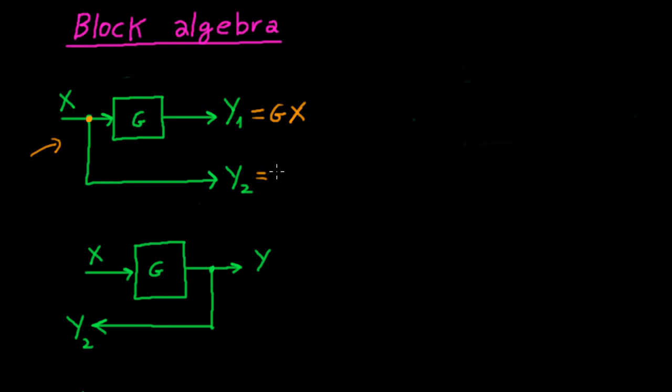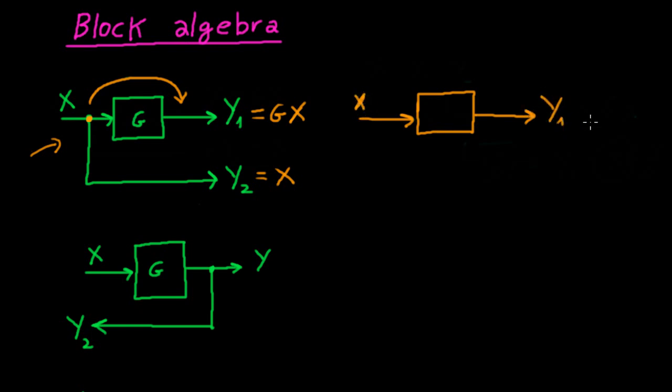Obviously, y2 is equal to x. What kind of operation can we do here? Well, we can take the takeoff point beyond the system. How can we do that? Well, the relations should be the same, as I said. So here we must have x, and here we must have y1 equal to gx. Therefore this should be g.